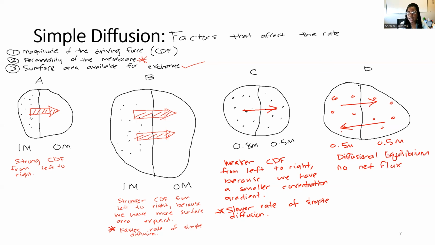We're not going to see any net flux or net accumulation on either side, okay? So the rate of simple diffusion here is equal to 0.